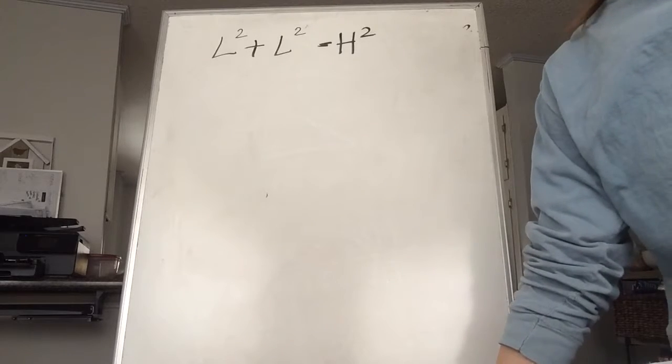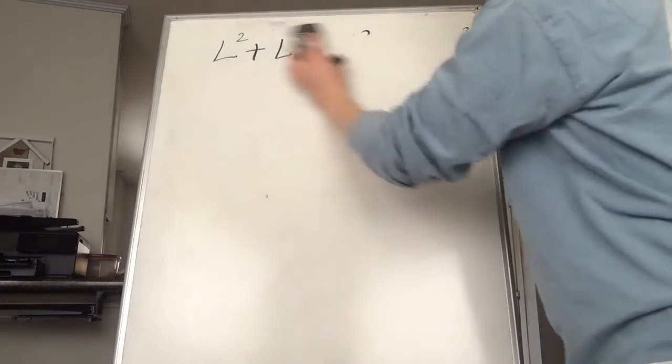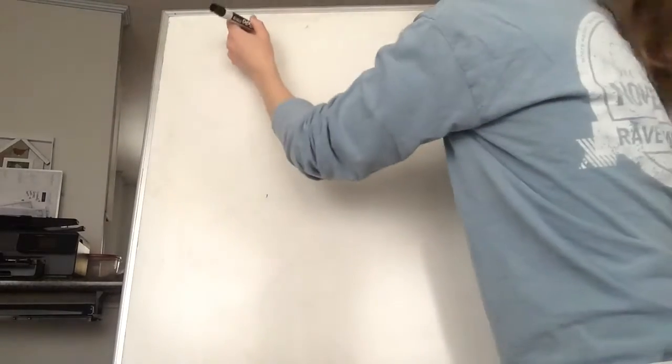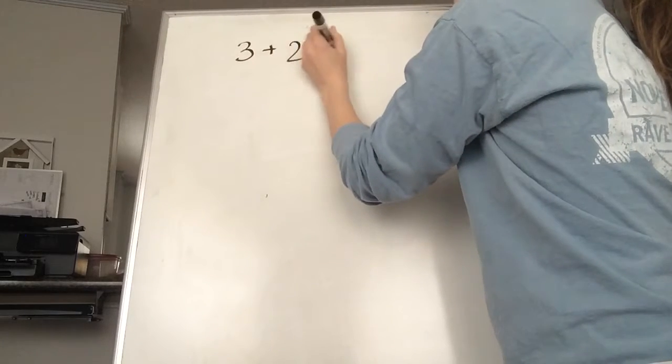Okay, number three. If the legs of a right triangle are 3 and 2, the hypotenuse is closest to what number? So, legs of a triangle 3 and 2, what is our hypotenuse?